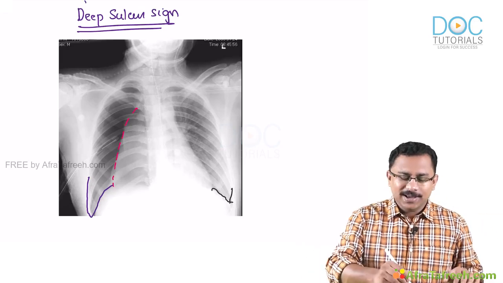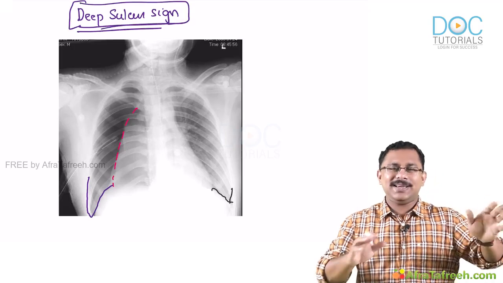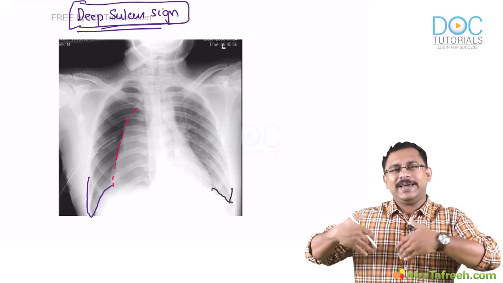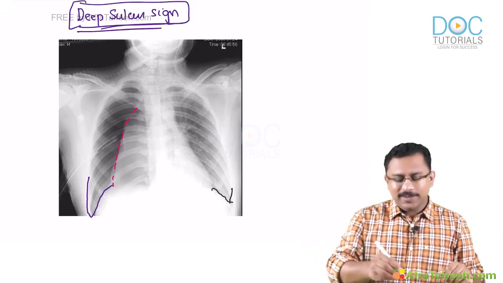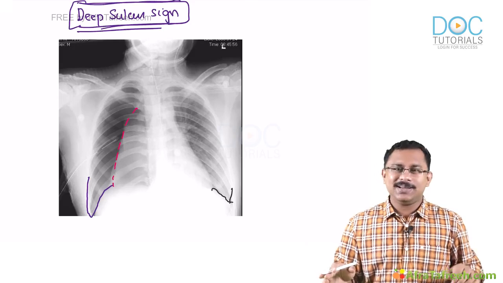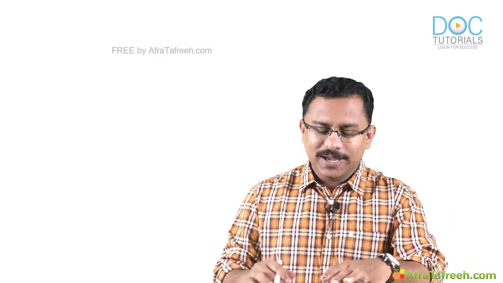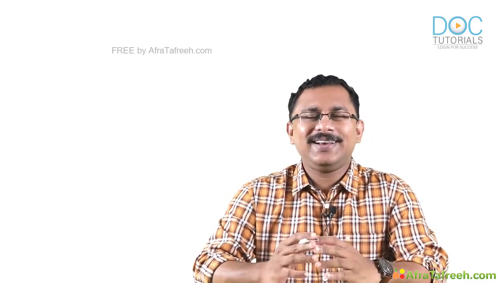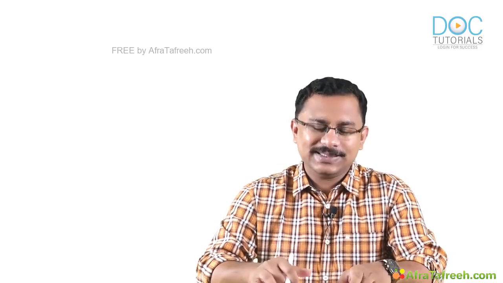In the erect position there is a higher chance of air ascending up. So it is in supine X-rays that you are likely to see this deep sulcus sign. Very clear. So we have understood how pneumothorax is classified and how it clinically presents.